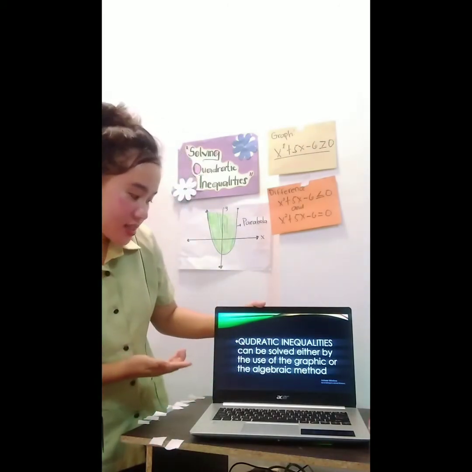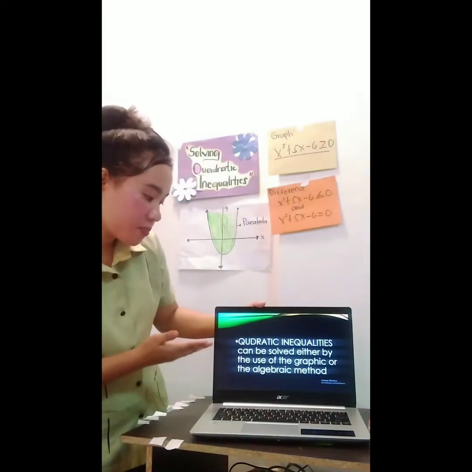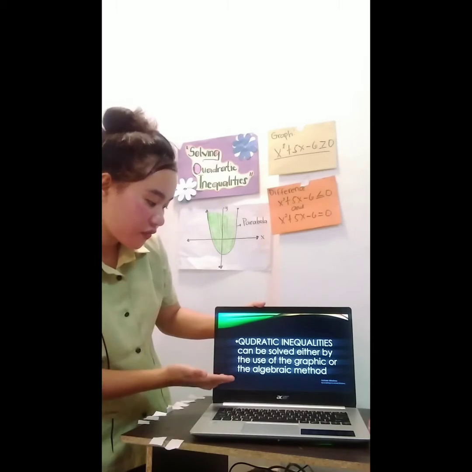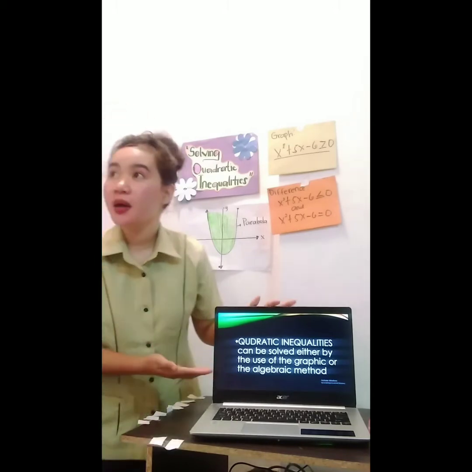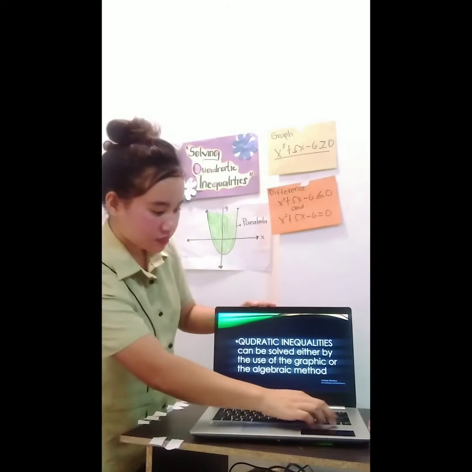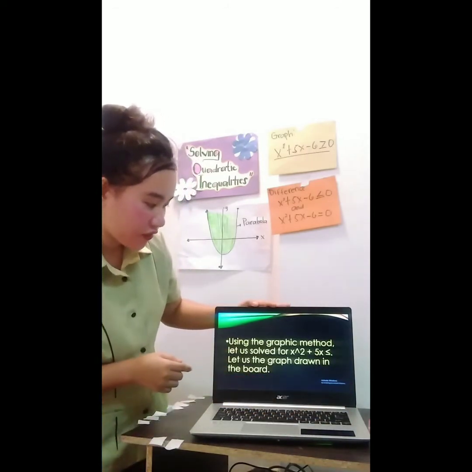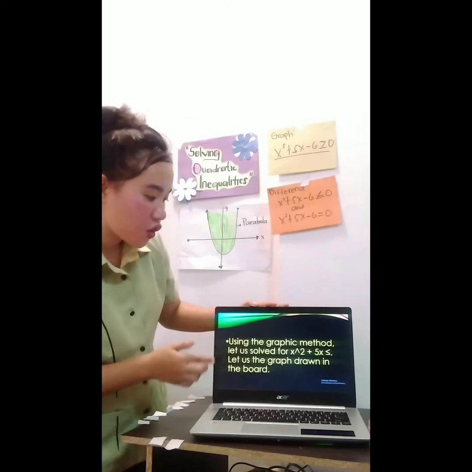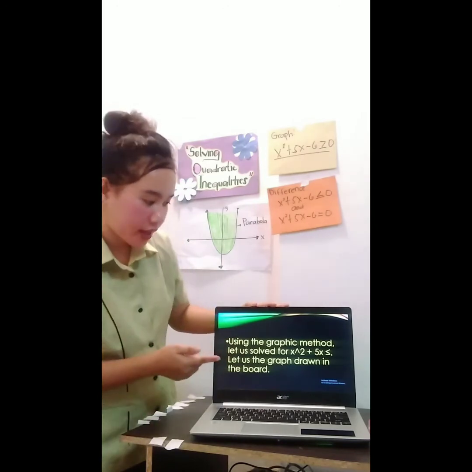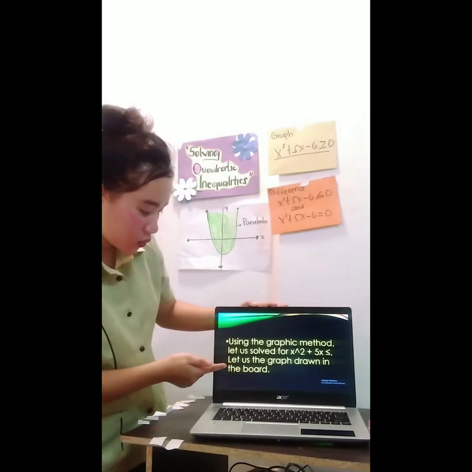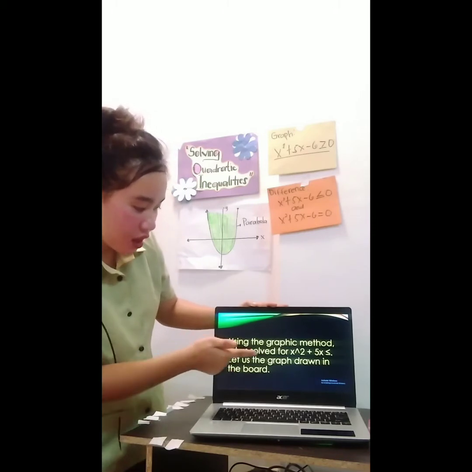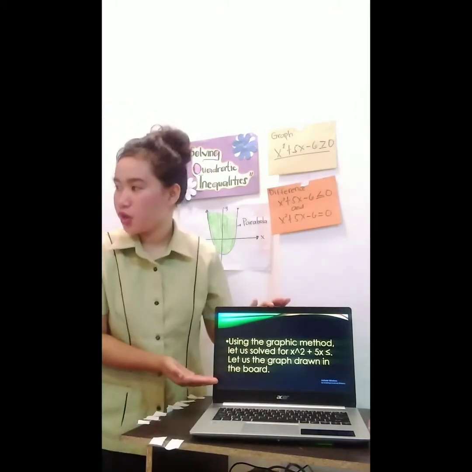Quadratic inequalities can be solved either by the use of the graphic or the algebraic method. Using the graphic method, let us solve for x squared plus 5x minus 6 less than or equal to 0. Let us see the graph drawn on the board.